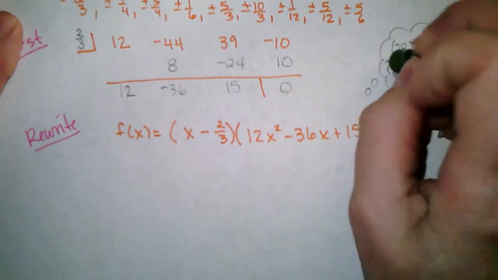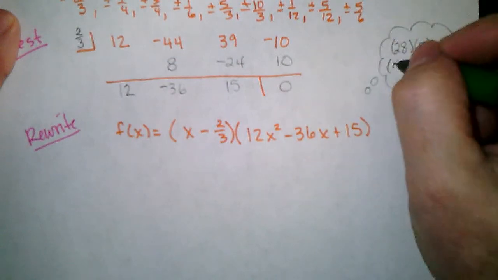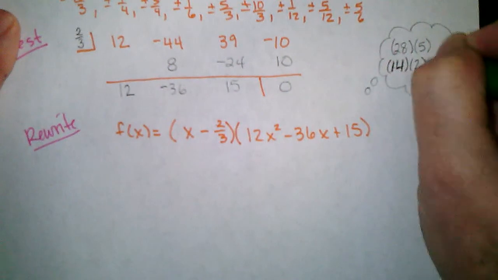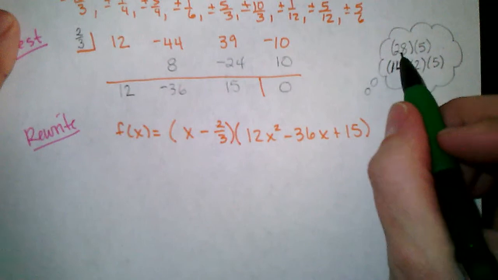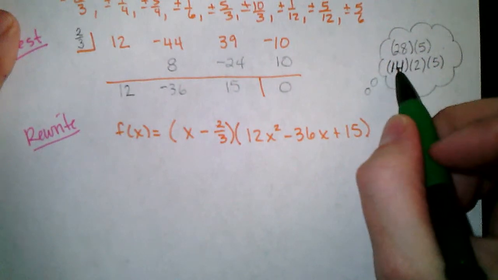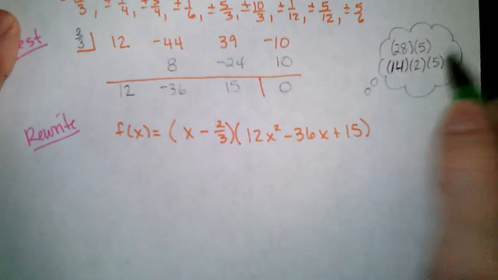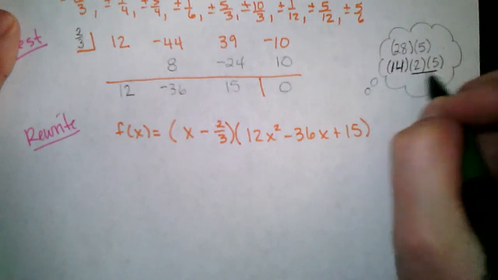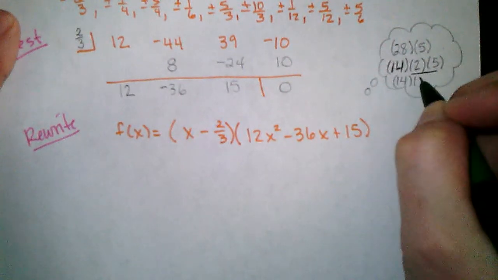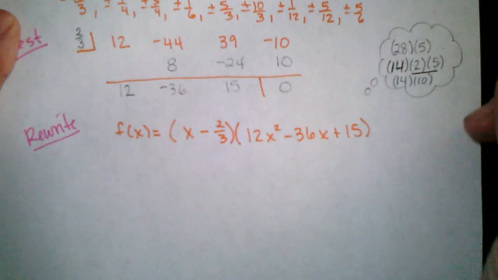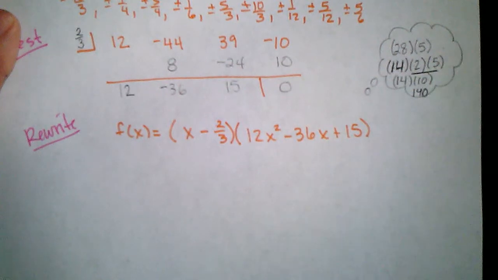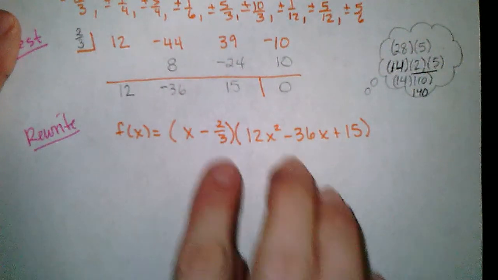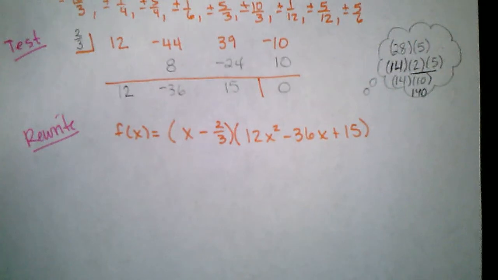I could think of it as 14 times 2 times 5. So I took a 2 away from the 28, divided it out, and made it 14 times 2 times 5. Then I can do 2 times 5, which makes 10. And then 14 times 10 becomes a nicer number to multiply and makes 140.